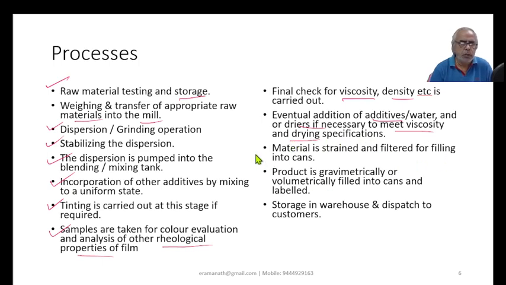And then the material is strained and filtered for better standards. Then the product is gravimetrically or volumetrically filled into cans and labeled. Finally, it is kept in storage or in the warehouse, ready for dispatch to the customer. So this is the entire process of emulsion paint.